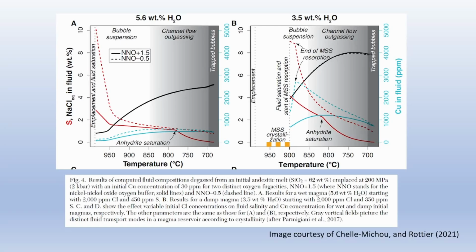And in both cases, the oxygen fugacity, water content, and timing of outgassing all determine whether you're building a giant ore deposit or missing the window. The chemistry of copper delivery is not just about where magma goes, it's about when and how it breathes.